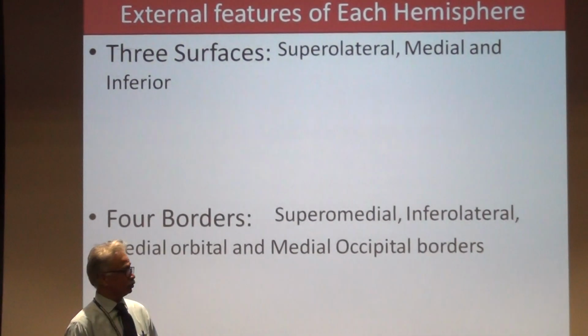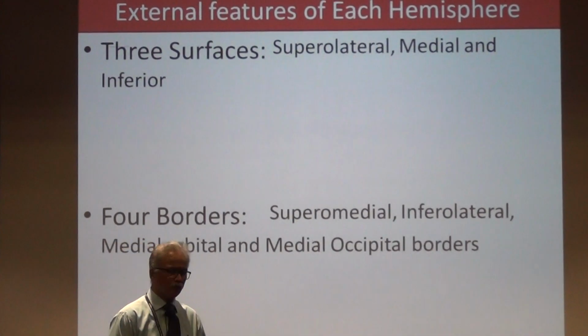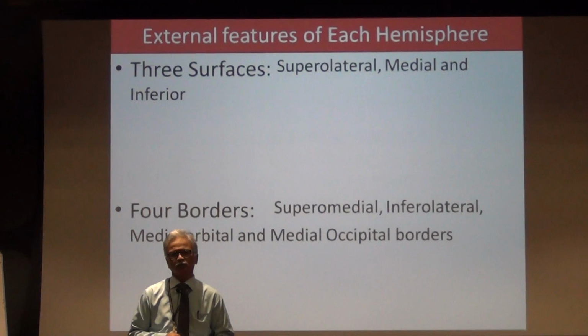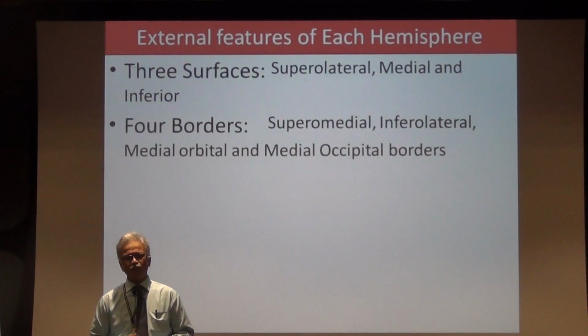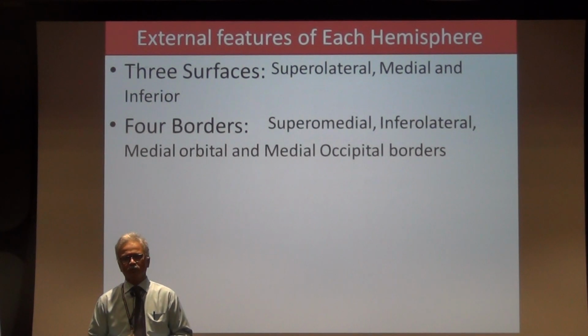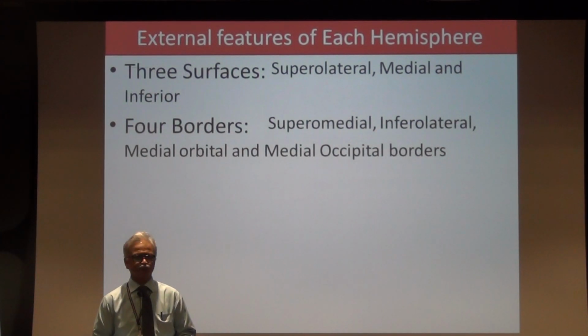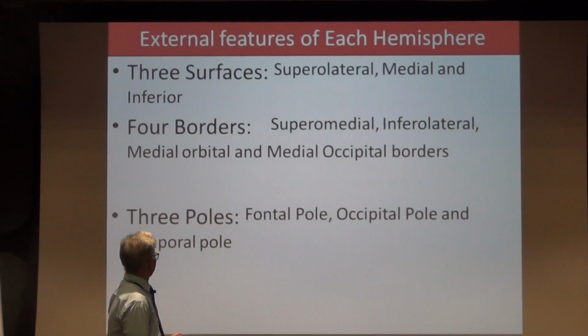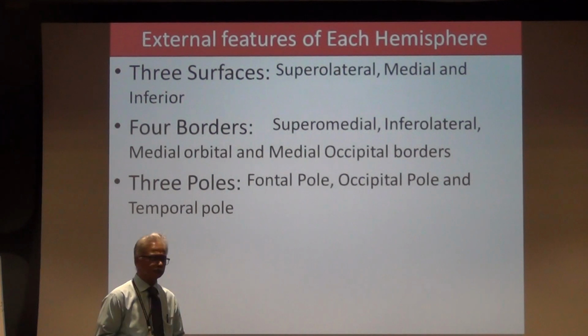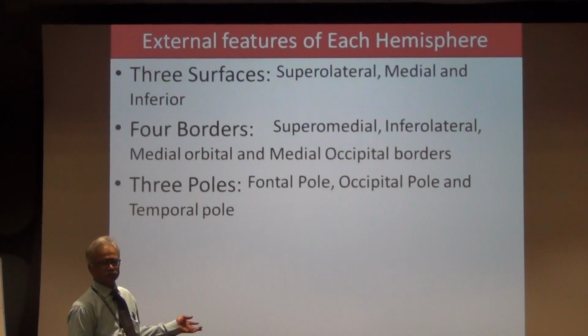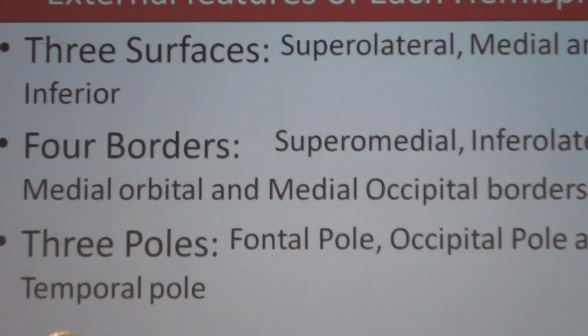There are four borders. The four borders are superomedial border, inferolateral border, medial orbital and medial occipital borders. There are three poles: frontal pole, occipital pole and temporal pole.